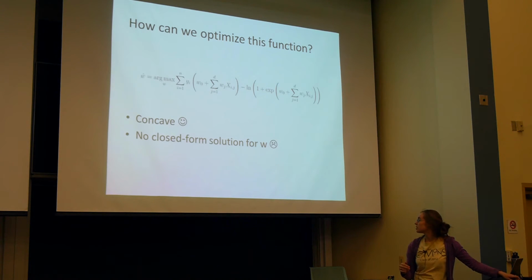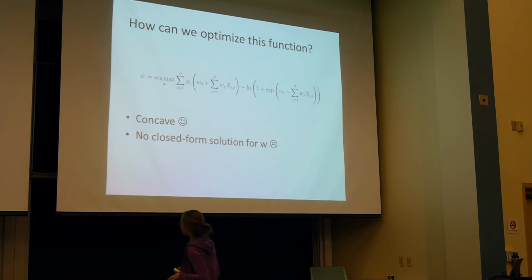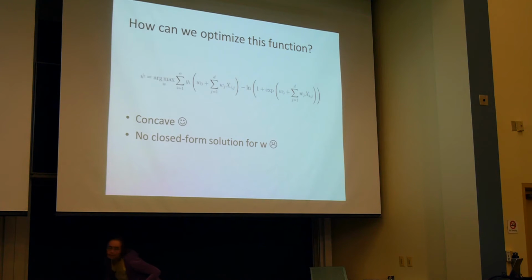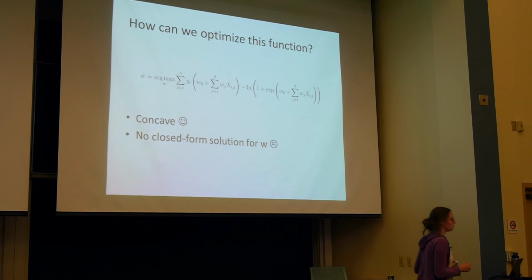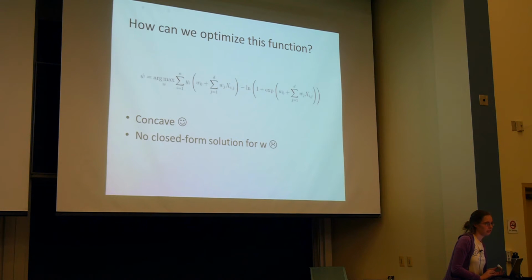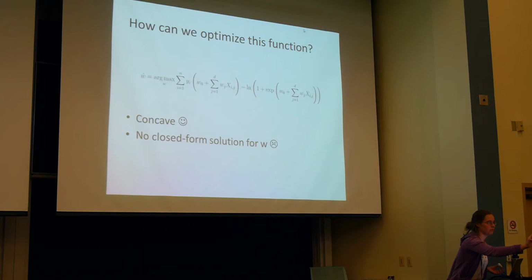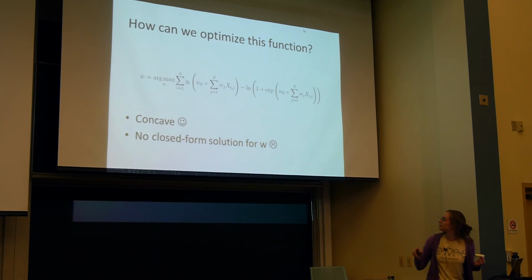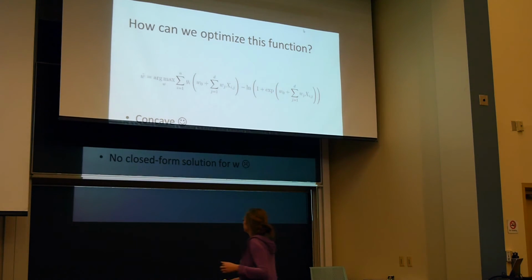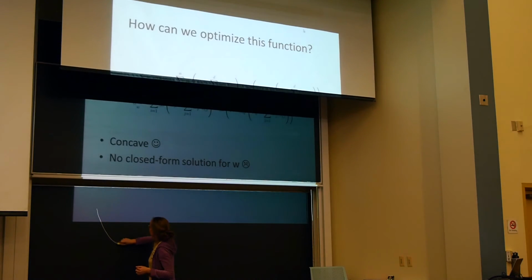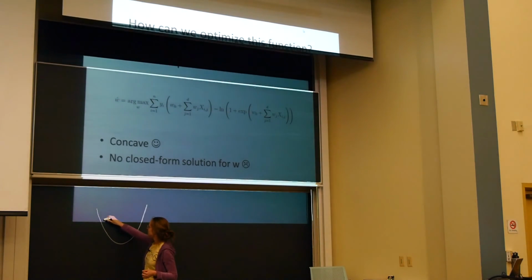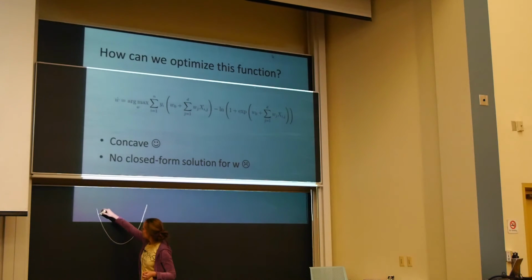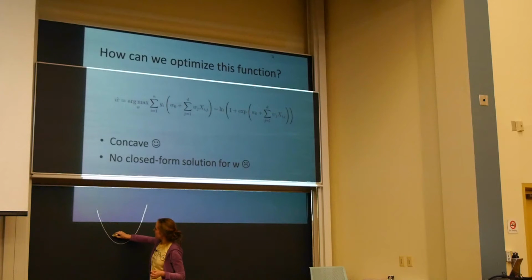Whereas, say, if you had a function like this, and say you started at this point, and you're moving along, taking steps in the gradient, you're eventually going to get down here.